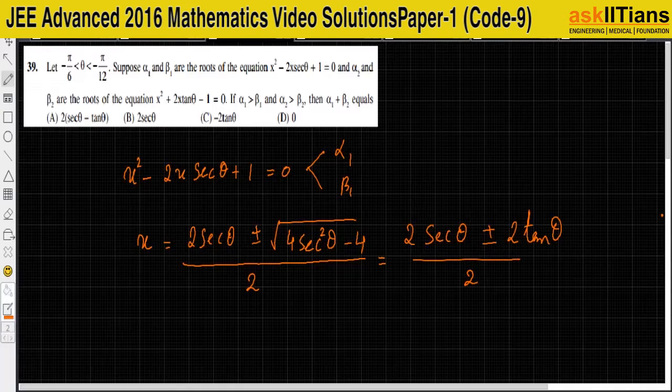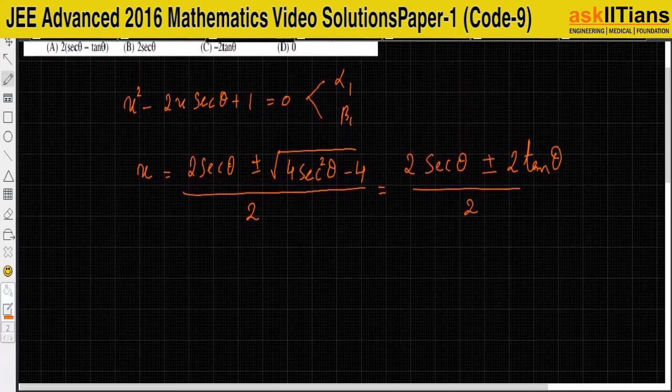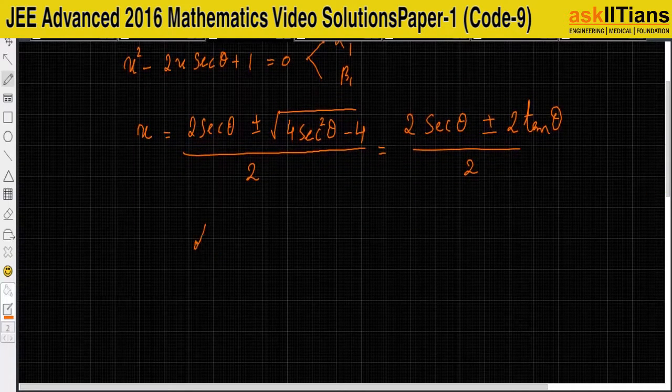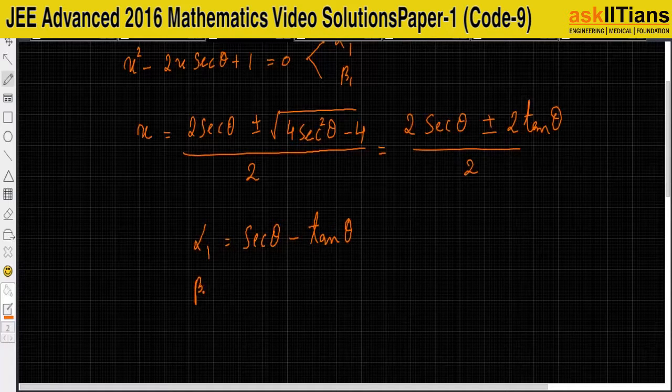So I get two values of x: sec theta plus tan theta and sec theta minus tan theta. Alpha 1 I can take as sec theta minus tan theta, and beta 1 is equal to sec theta plus tan theta. These are the values of alpha 1 and beta 1 from this quadratic equation.